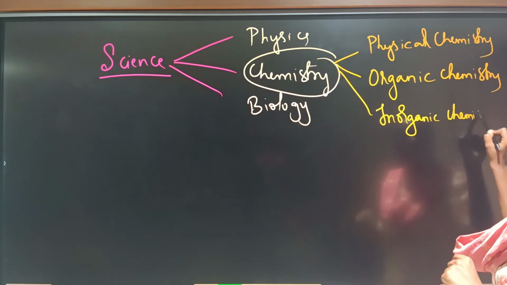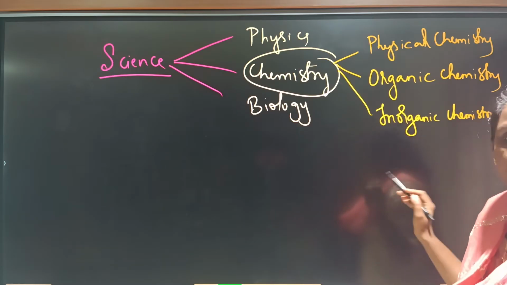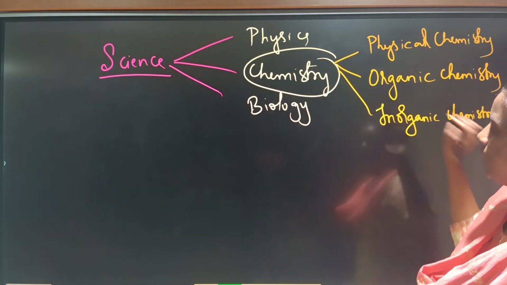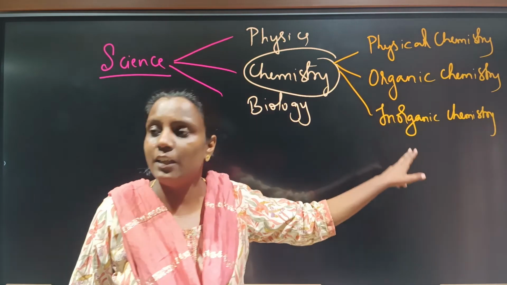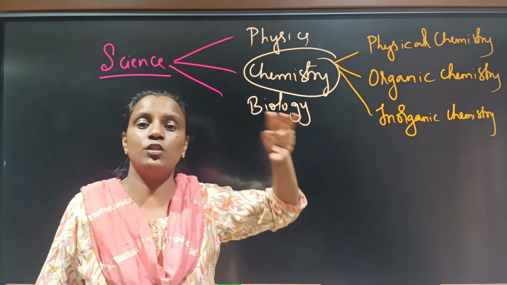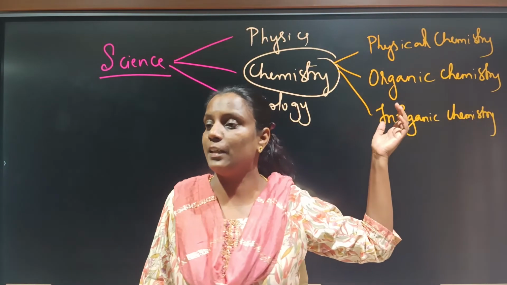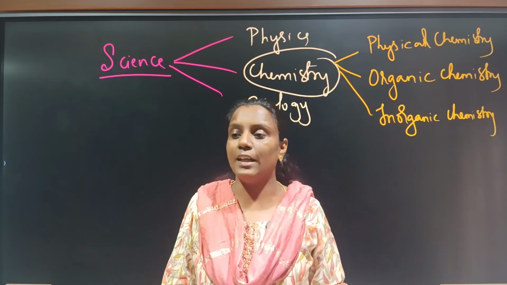These are not in your syllabus, but I want you to know this too, because it will help you study further topics in the coming days. Physical chemistry, organic chemistry, inorganic chemistry. The chemistry we have studied so far is all based on inorganic chemistry. Now we are studying organic chemistry.